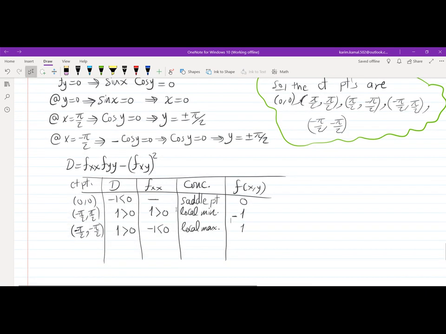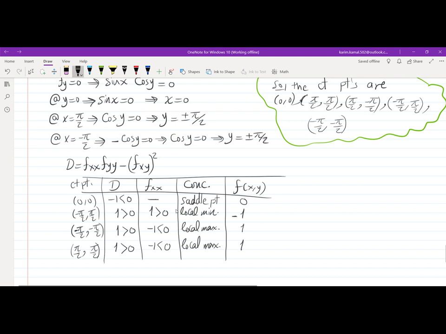We will continue for the rest of the points. Pi over 2 and pi over 2, the d value will be 1, which is bigger than 0, and fxx is negative, which is less than 0, so it is also a local maximum with the value of 1 also.